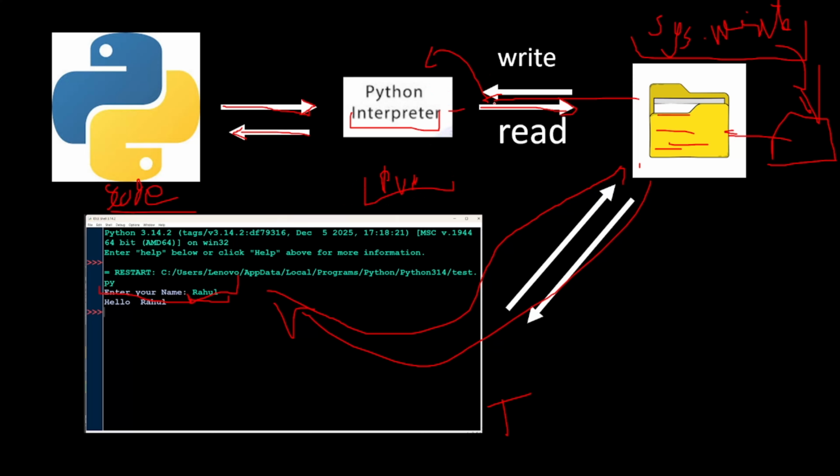If you want to show it, it reads it, writes it to the file, and displays it in the terminal. If you want to read something, it goes into the file. This is basically writing and reading the file.